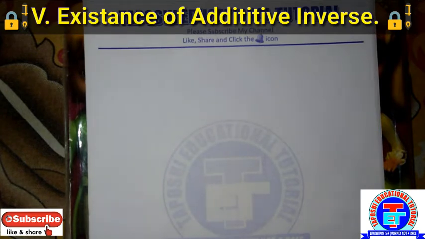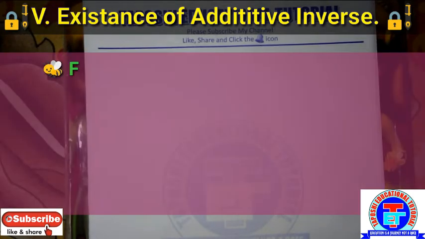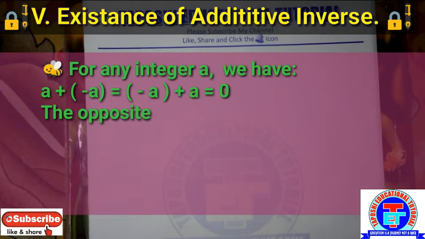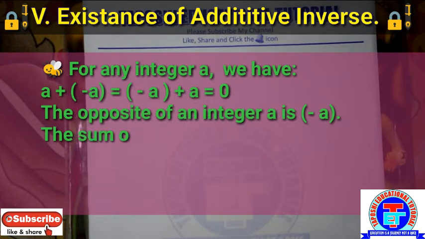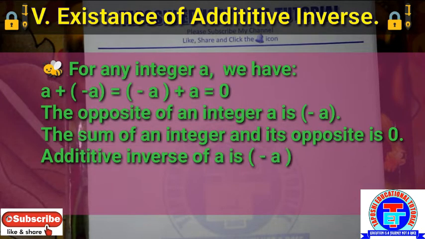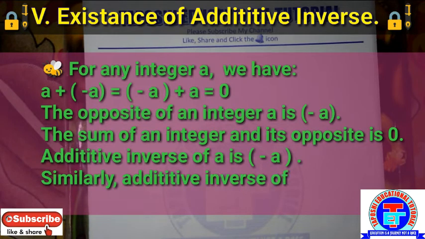For any integer a, we have a plus (minus a) is equal to (minus a) plus a is equal to 0. The opposite of an integer a is (minus a). The sum of an integer and its opposite is 0.